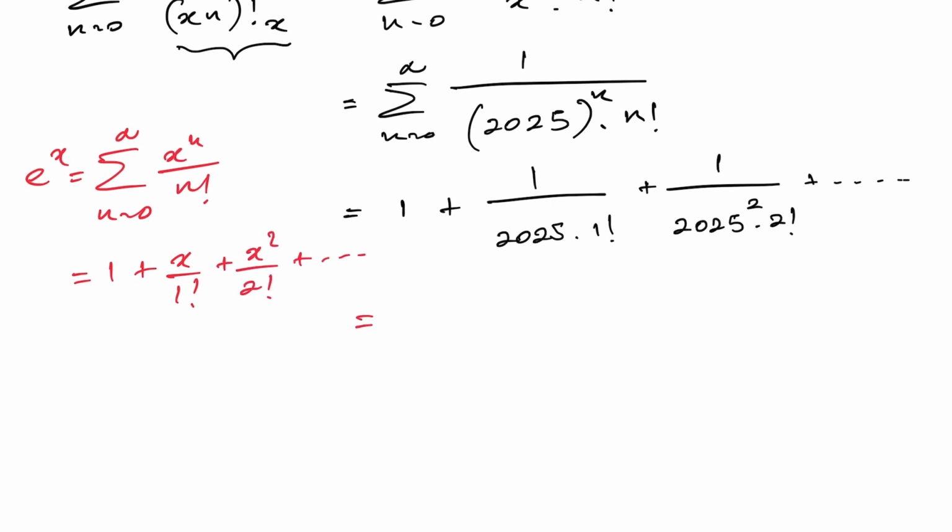Now comparing with this, we know x is equal to 1 over 2025. So we have the answer e raised to the 1 over 2025. This answer is approximately equal to 1.